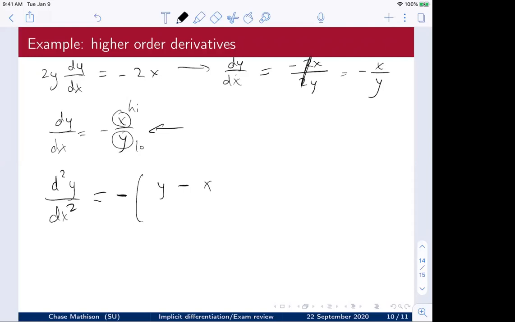What do I write for that? Perfect. Oh, it's so good. dy/dx. Everybody see that? The derivative of y with respect to x, that's just what we've been calling dy/dx. Divided by the square of what's below, so divided by y squared. Okay? Technically, you could leave it like this, but what should we do?